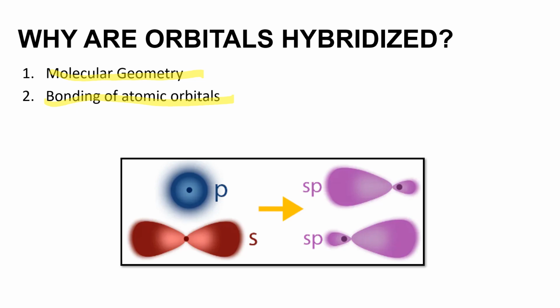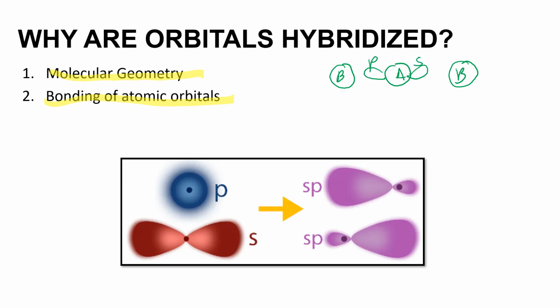So consider this example. You have an s orbital and a p orbital for atoms A and B. So for example, this is atom A and you have atom B. And atom A here has an s orbital and a p orbital.